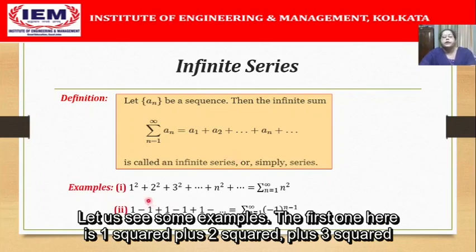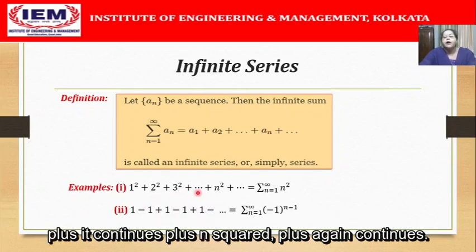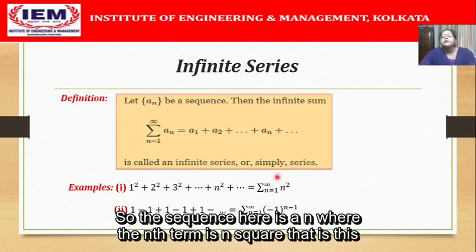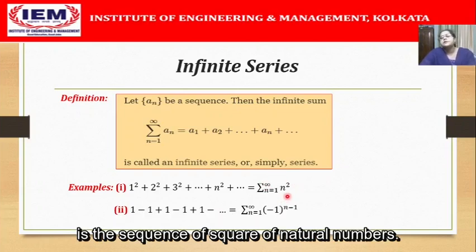The first one here is 1 square plus 2 square plus 3 square plus, it continues, plus n square plus, again continues. In the summation notation, this is summation n square, n equal to 1 to infinity. So the sequence here is a_n, where the nth term is n square, that is, the sequence of squares of natural numbers.